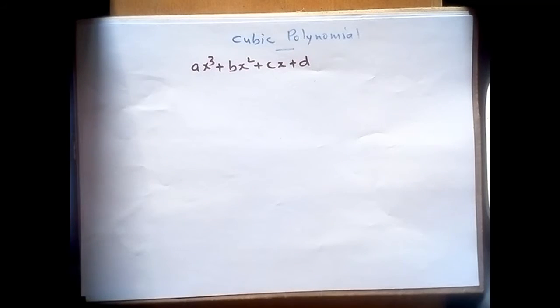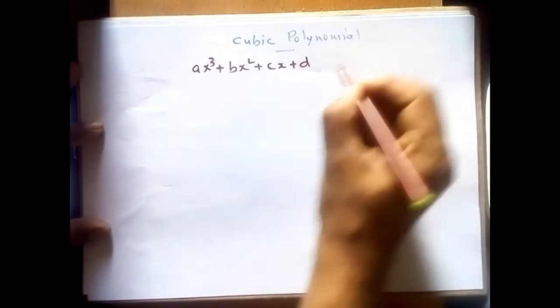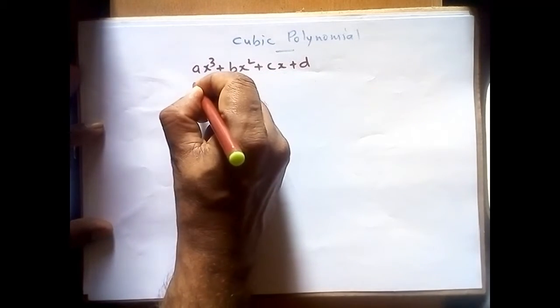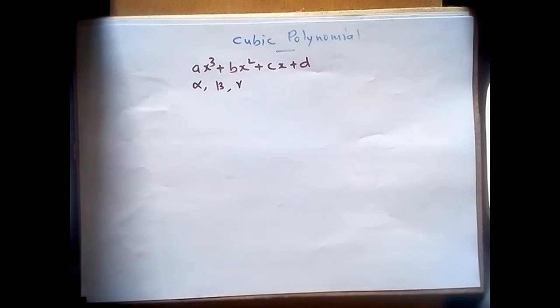Since it is a cubic polynomial and the highest degree of x is equal to 3, what can we say about the roots? How many roots will be there? Yes, there will be 3 roots. So let alpha, beta and gamma be the roots of this polynomial. Then, as we have seen in the case of quadratic polynomial, here also there is a relation between the roots and the coefficients.